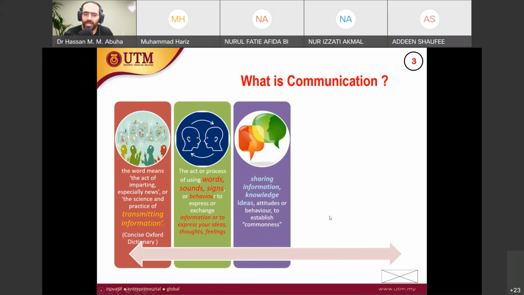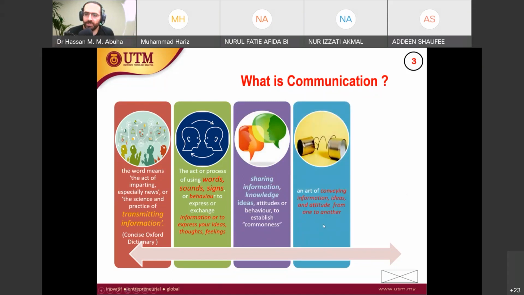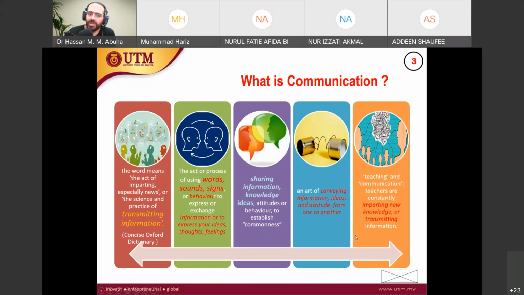We want to change the student's attitude, all right, about something, or we want to actually enhance the student's attitude or skills or whatever. And then it could be an art of conveying information, ideas, whatever. If you see some students are smoking, for example, you want to change this behavior. How? By communicating with your students.